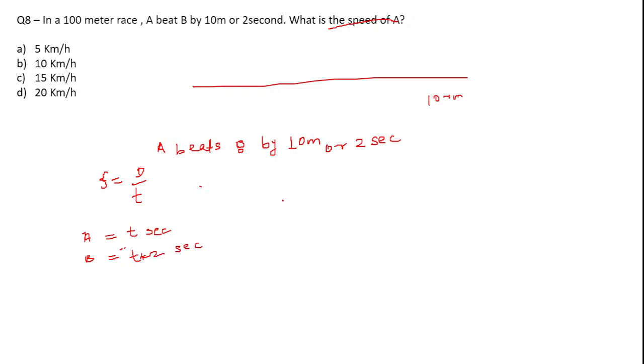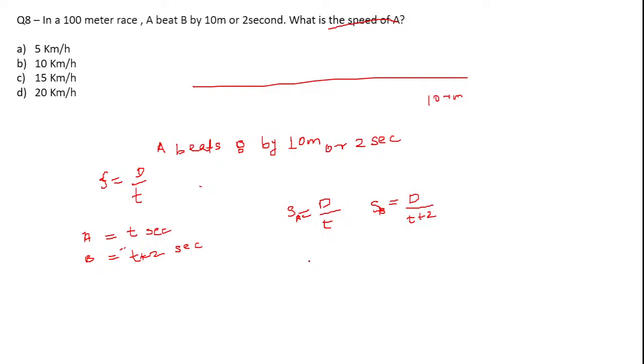So speed of A is D upon T, and speed of B equals D upon T plus 2.